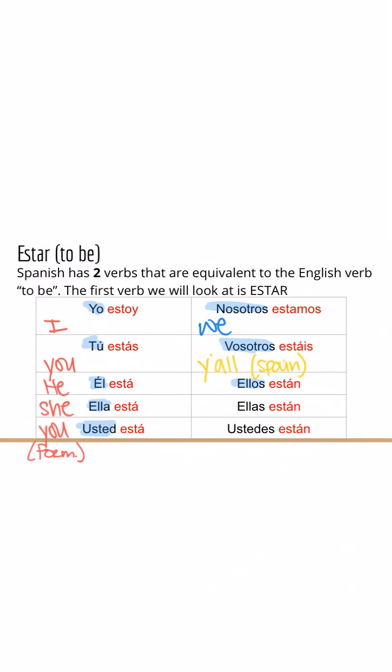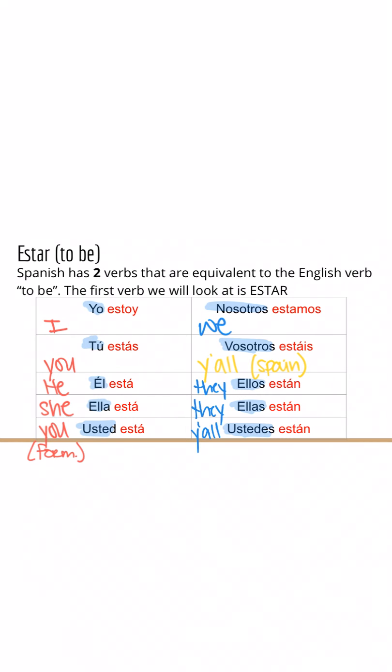Okay, then we have ellos, ellas, and ustedes, right? These are my third person plural folks, and those are they, masculine, they, feminine, and then the y'all that we're actually going to work with here.